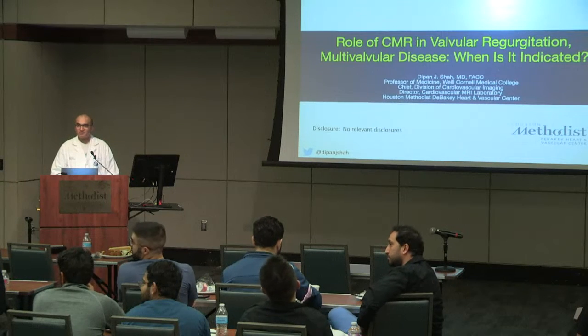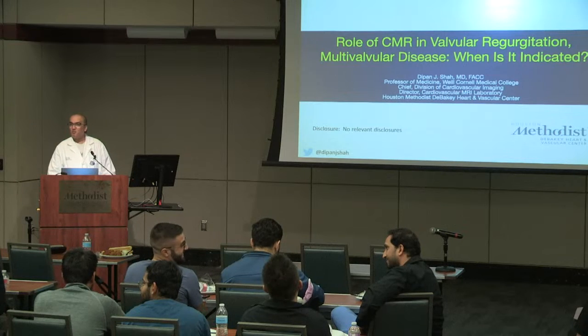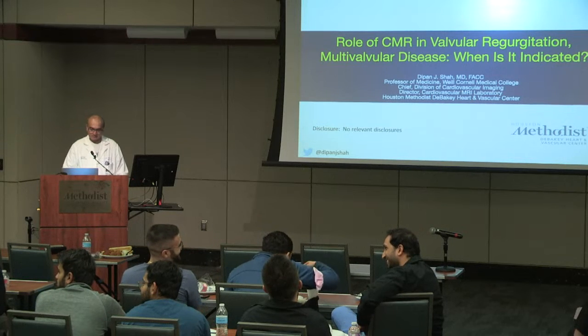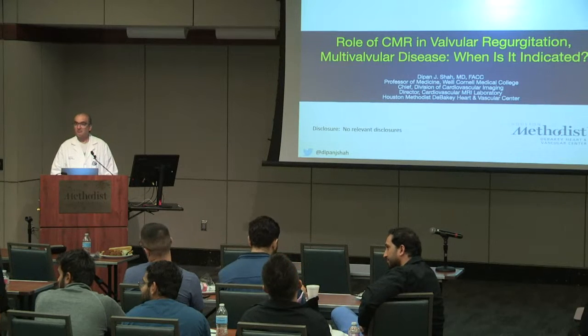And it's a real challenge because neither valve looks that bad, but the combined volume load is phenomenal. And you scratch your head 20 times deciding how do you approach it, which valve do you fix.